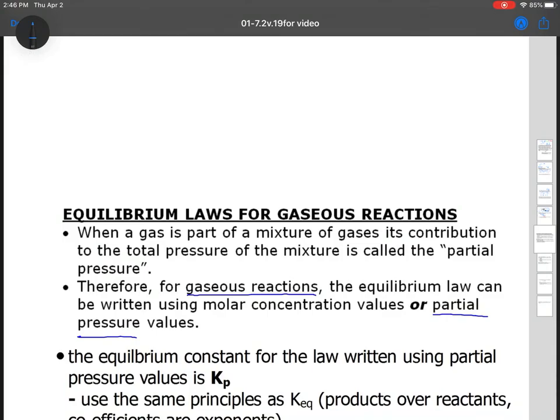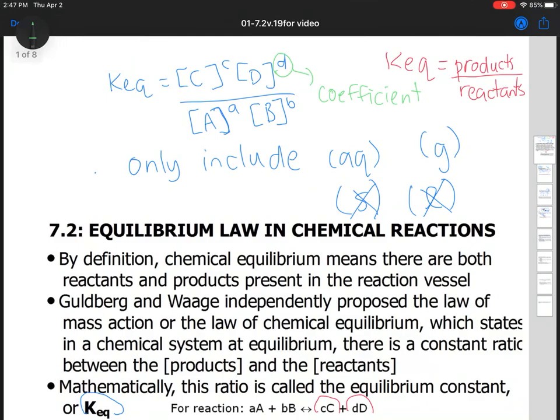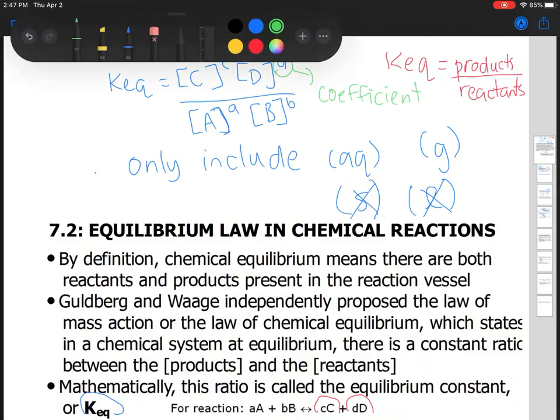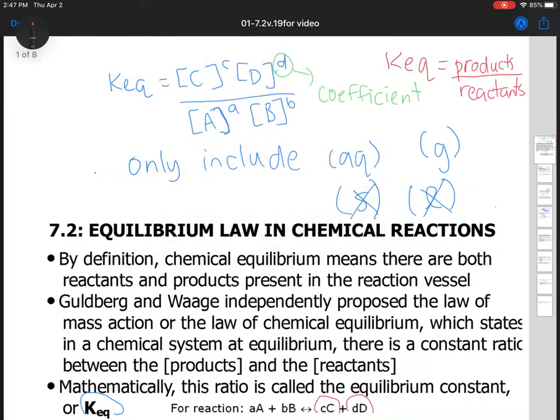Okay, so switching to equilibrium laws: if you have an all gas reaction system, then you could use partial pressure values. So P stands for pressure. It is the same principles, products over reactants. Oh, and I forgot to say this. Sorry, guys, let's go way back to the beginning. The best part of this is, let's pick a different color, pink.